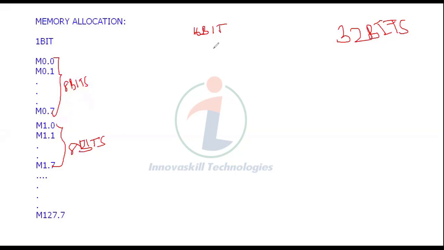If you have a range of values till 2 power 16, it can be assigned in a 16-bit address. But if it is more than 2 power 16, you cannot assign it in a 16-bit address. You have to definitely go for a 32-bit address.